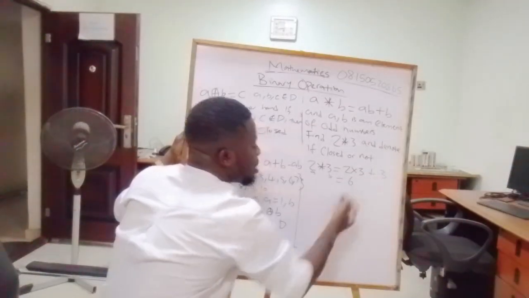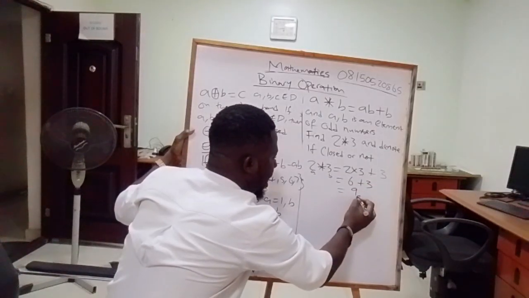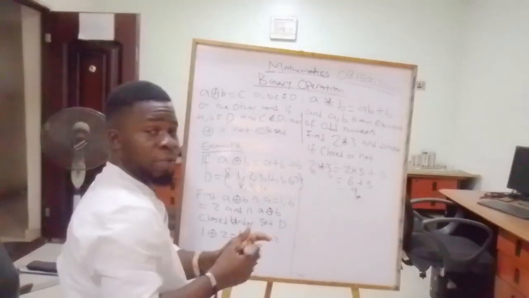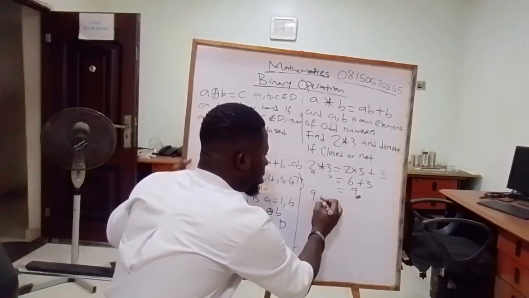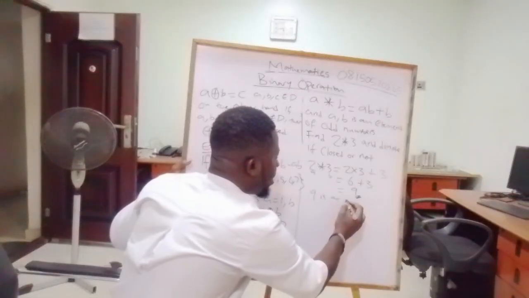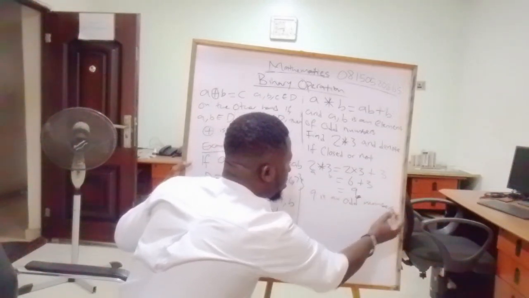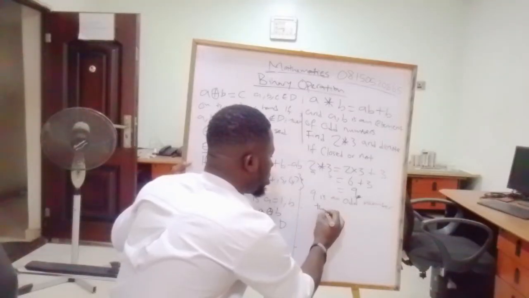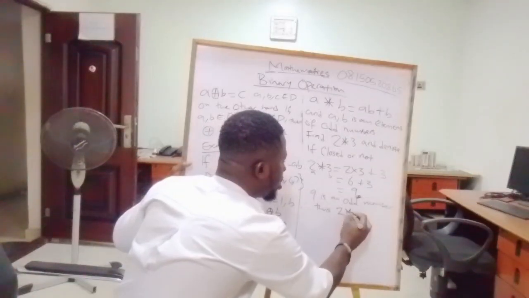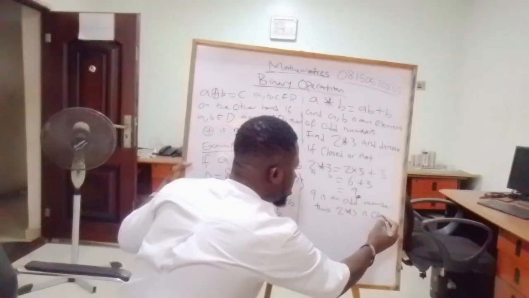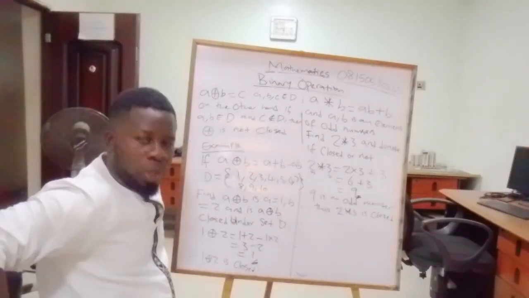Then they said plus 3, and this is giving us 9. The question you ask yourself is, is 9 an odd number? 9 is an odd number. Therefore, 2 operation 3 is closed. Do you understand? So that's what closed is talking about.